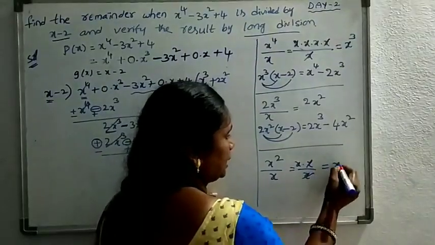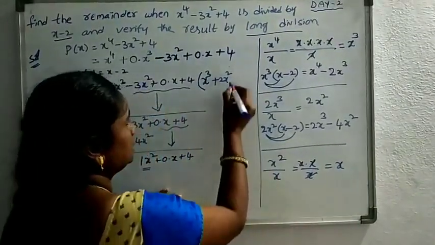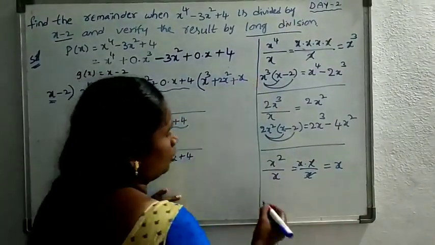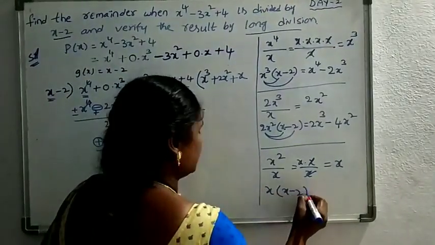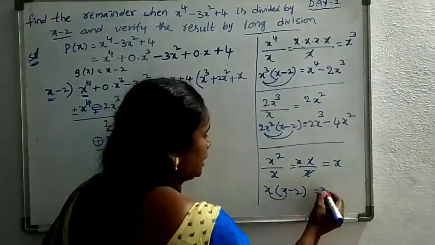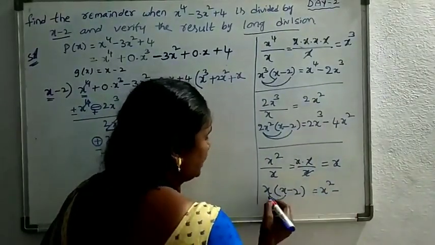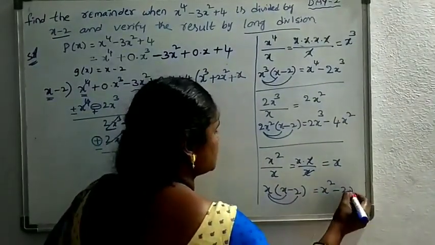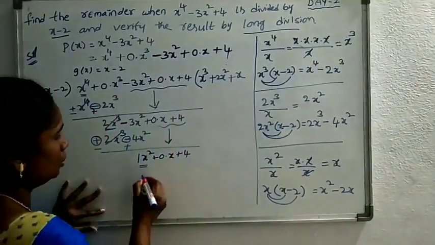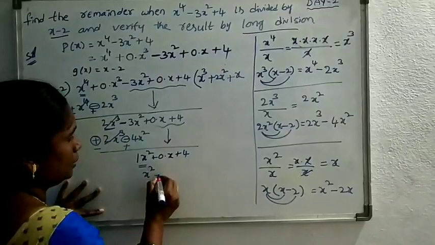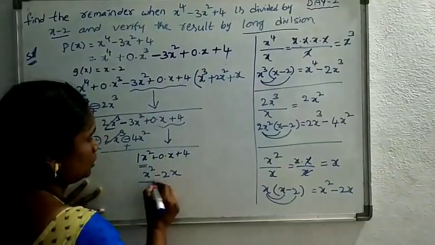X and x getting cancelled and x is the remaining term. X. Now what we have to do? This x is multiplied with x minus 2. X into x, it is x square, minus x into 2, it is 2x. Okay. Now x square minus 2x.